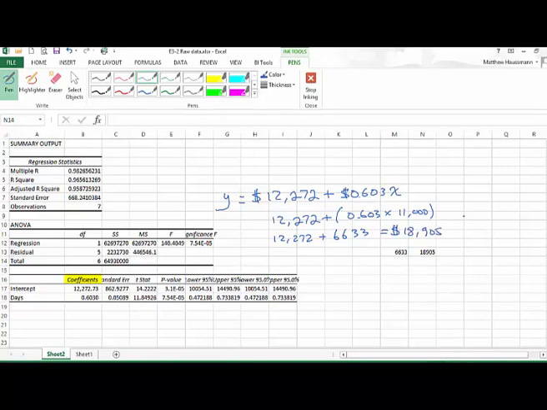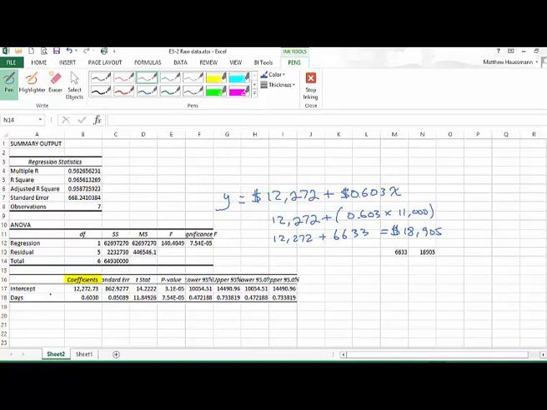Okay, so now the next part of the question was comment on the reliability of using occupancy days as an allocation base. So really what we're saying is, how good a fit is occupancy days as a predictor of this custodial supplies expense?